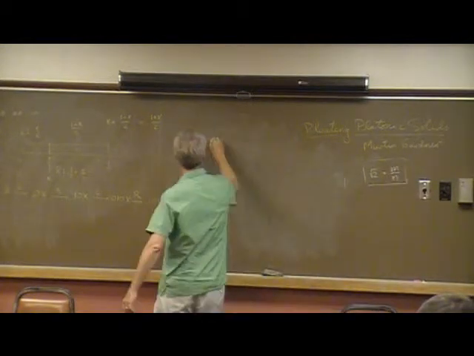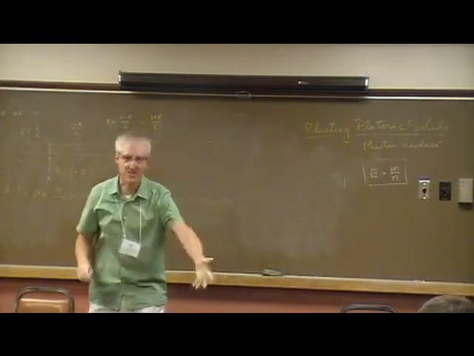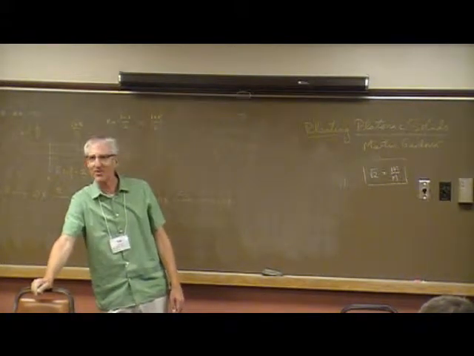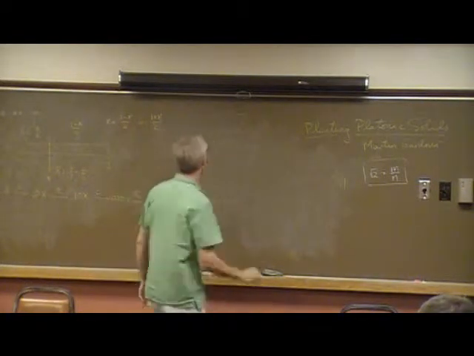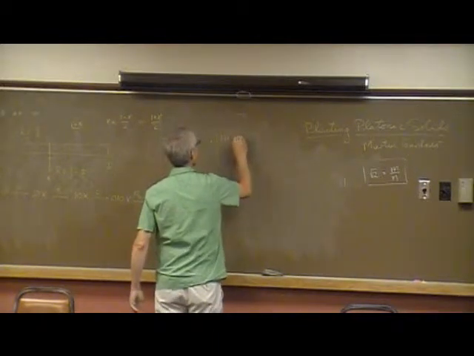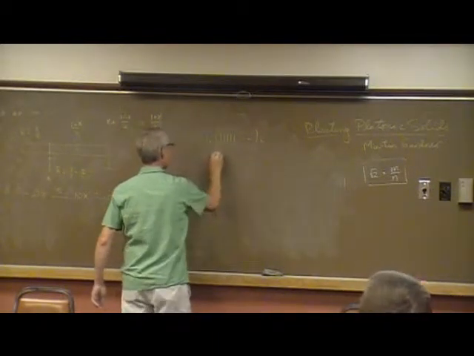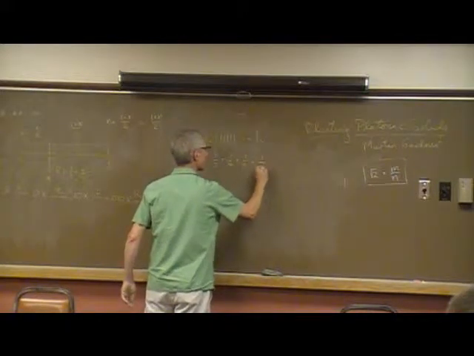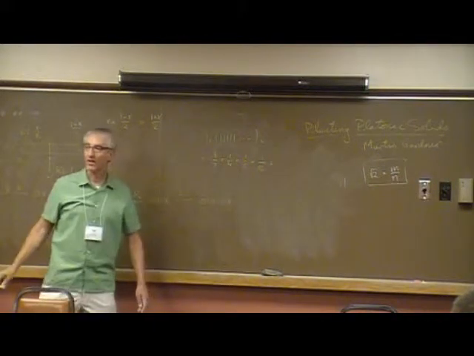What is 0.111111 base 2? Half? You're absolutely right. It's a half plus a fourth plus an eighth plus a 16th, which is 1.